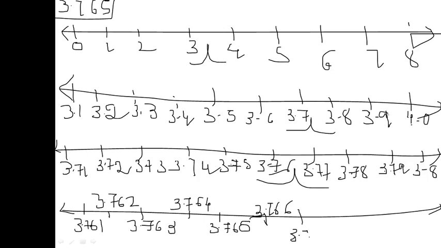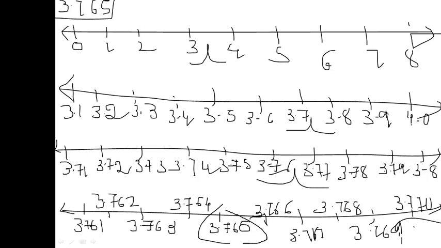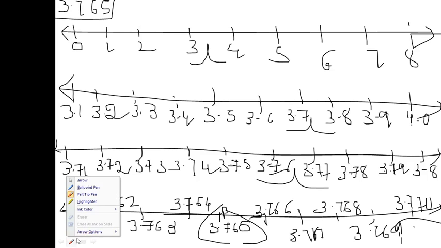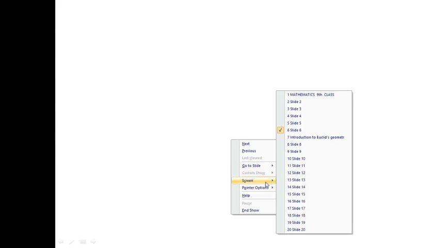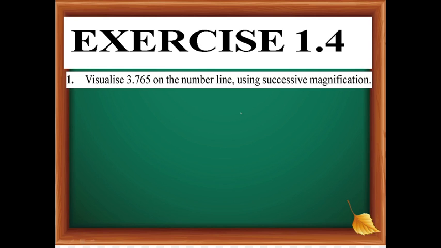Then 3.766, 3.767, 3.768, 3.769, 3.770. Finally we got our answer. Here is our answer. Let me make this point as P, and P is equal to 3.765. Okay. This question was solved.